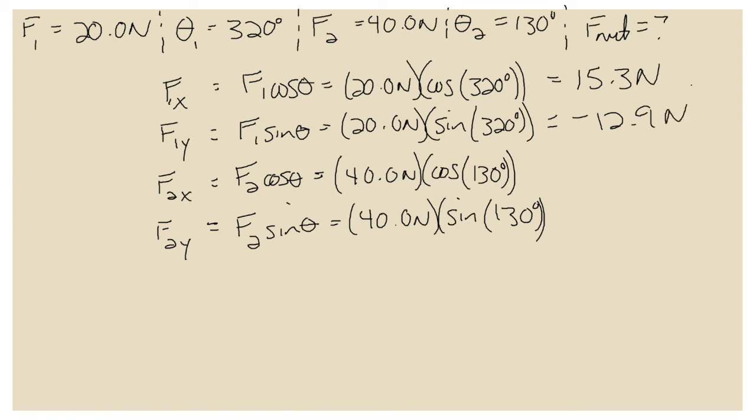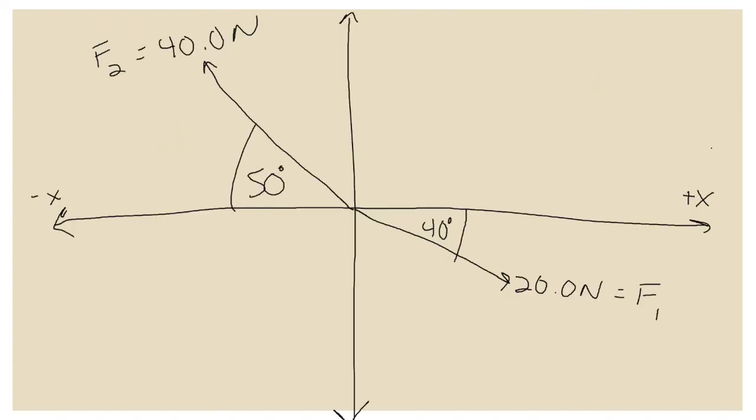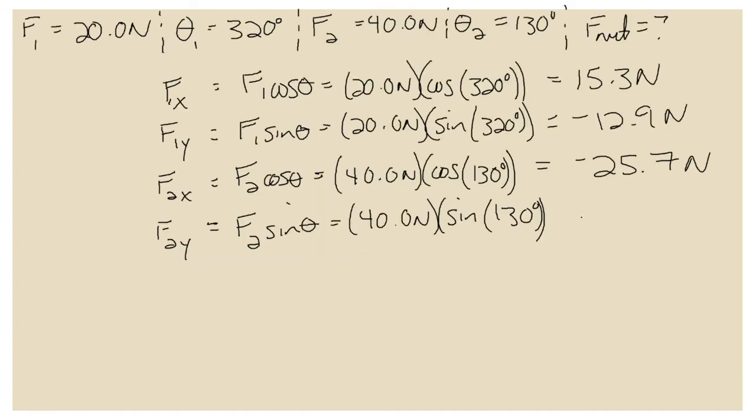And so notice if you did use the angle of negative 40 degrees, that should have come out the same. 40 times the cosine of 130 is negative 25.7. It makes sense that that component is negative also, because that x component here is pointing left. And 40 times the sine of 130 should have given you 30.6 newtons. And so there are our components.